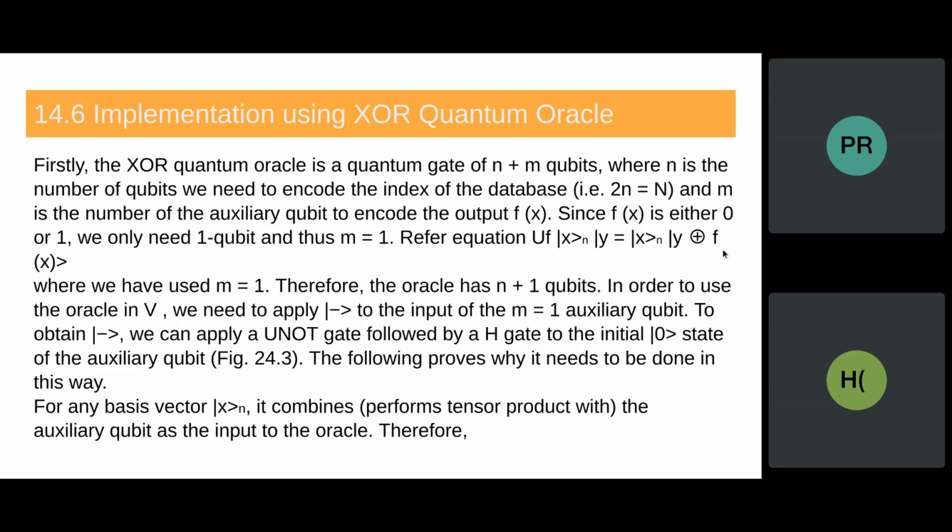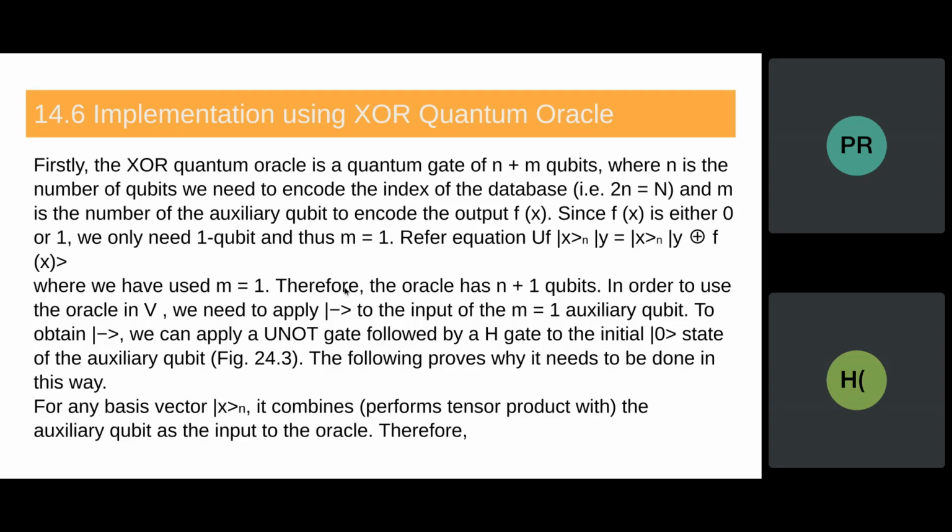Refer to U_f|x,y> equals |x, y XOR f(x)>. Remember that our unitary operation for the XOR quantum oracle is that y is a function of x, which is y exclusive-or f(x), where f(x) can be 0 or 1. That's why we require n plus 1 qubits.